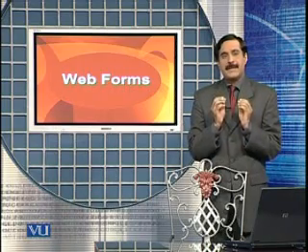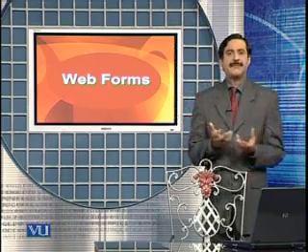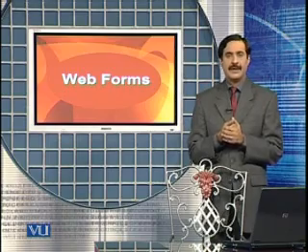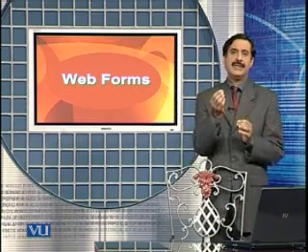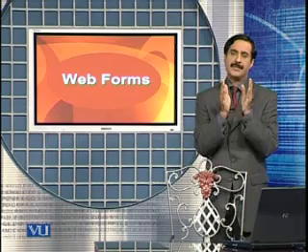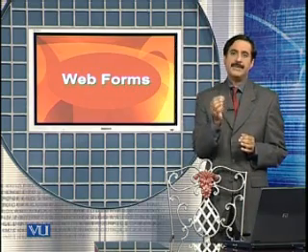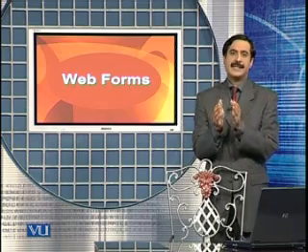Then there can be different types of buttons that we can add on our web form. For that purpose, we use again the input tag, and in the type attribute, we keep the value now as button.